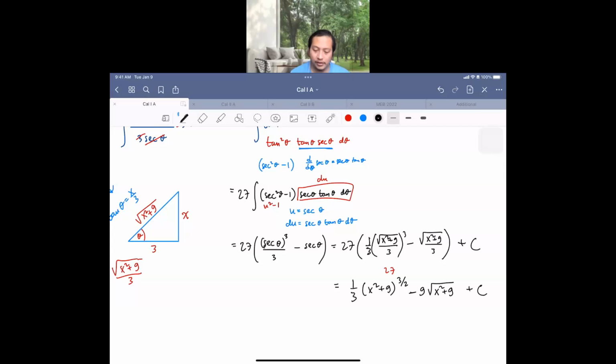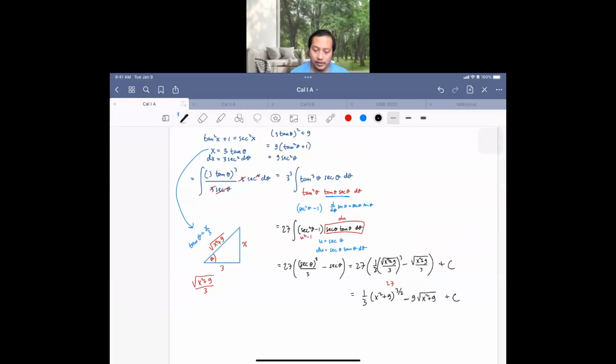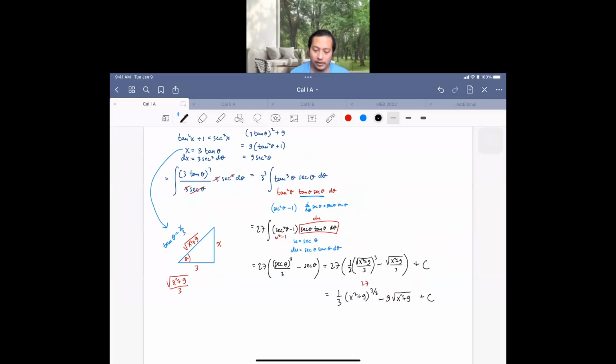Okay, I think this is the answer. Okay, 3 cases, and hopefully you can get to know how we are going to have the trigonometric substitutions.